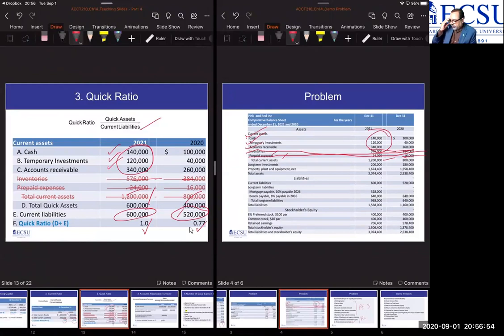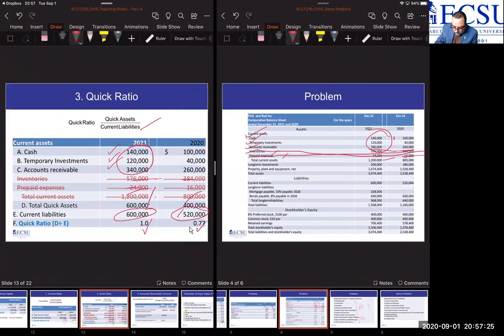And as I've been saying to you, if the current ratio is about 2, we are okay, and if the quick ratio is about 1, we are okay. 1 means we have the same amount of current liabilities as compared to the quick assets, which could be converted into cash and used to pay off those current liabilities. So liquidity wise, we are good. So that would be your quick ratio.